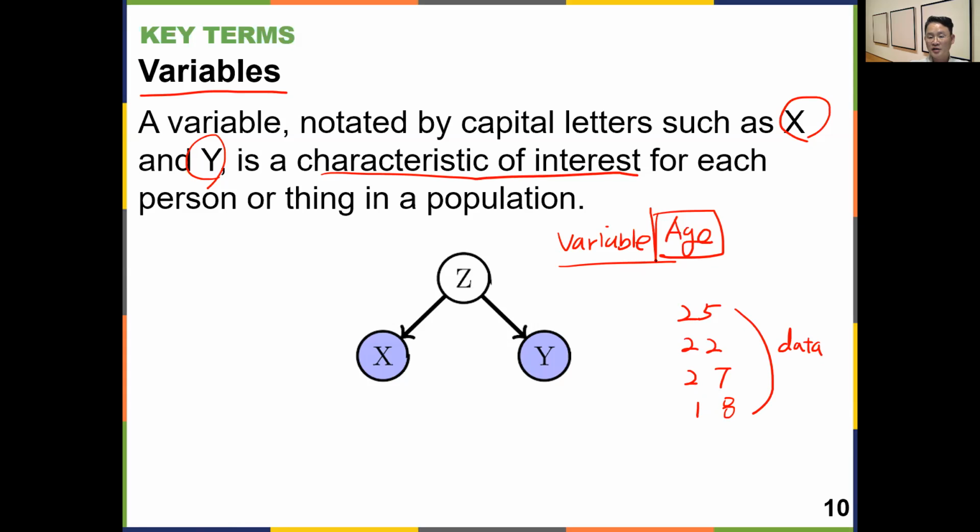But the age itself, or if you want to make it short, you can just say A, that characteristic of interest is going to be the variable, right? Okay.